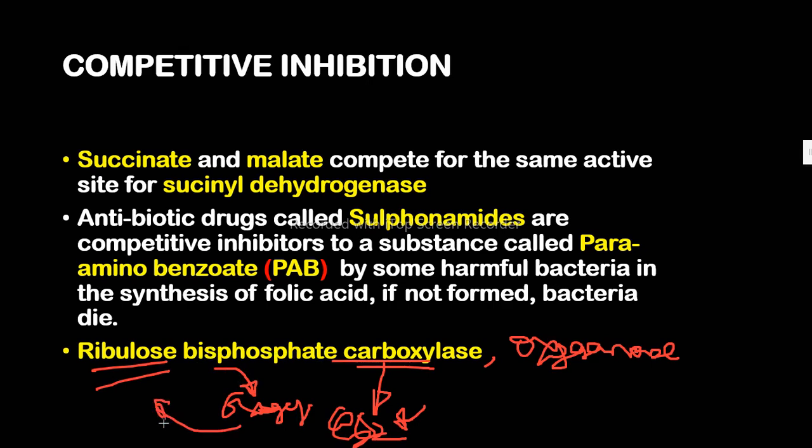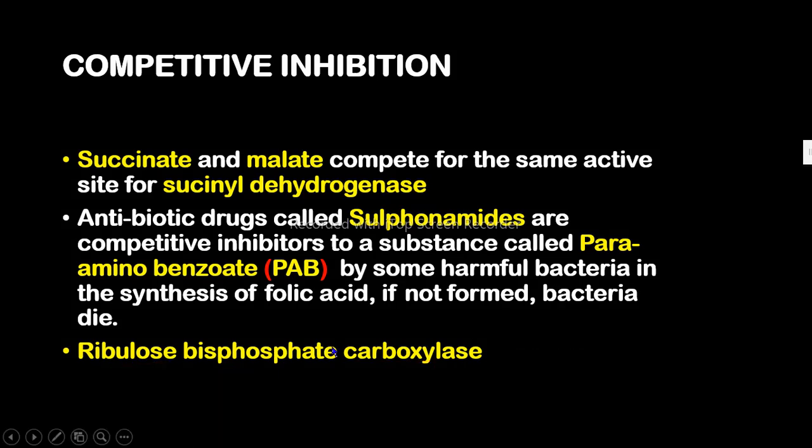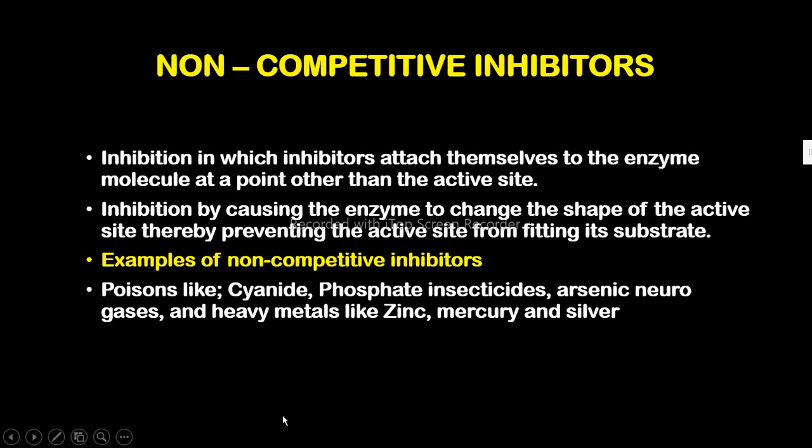So you reduce the efficiency. Where you are supposed to form 3 glucose molecules per minute, for instance, just quoting, you form 1. So basically, that's what competitive inhibition is about.